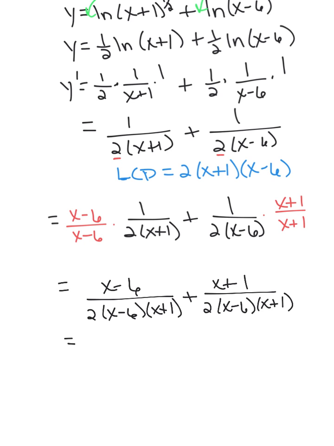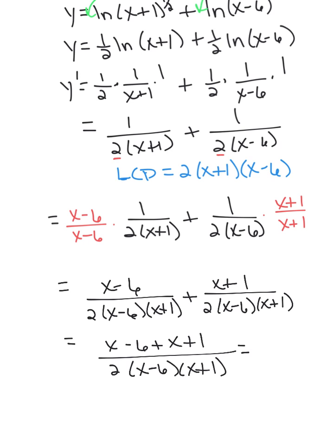Now we can just add our numerators and leave the denominator the same. And then notice that we've got some like terms here. x plus x gives me 2x. Negative 6 plus 1 gives me negative 5 over 2 times x minus 6 times x plus 1.